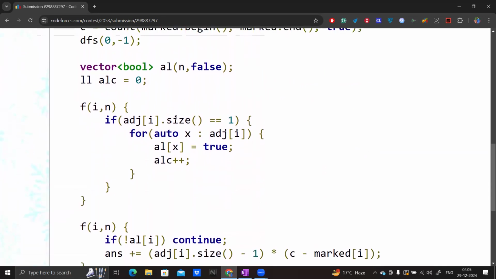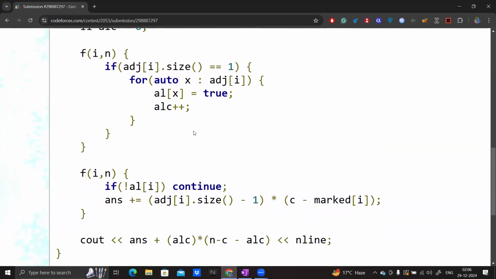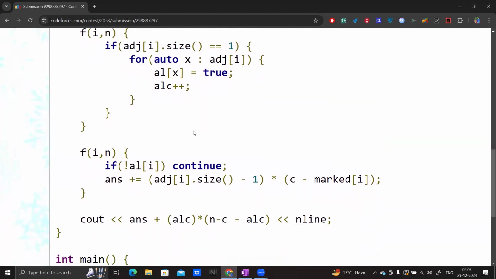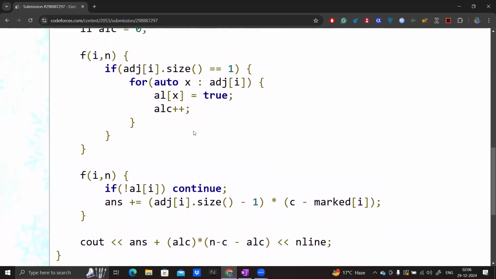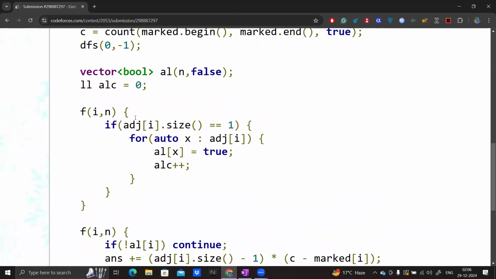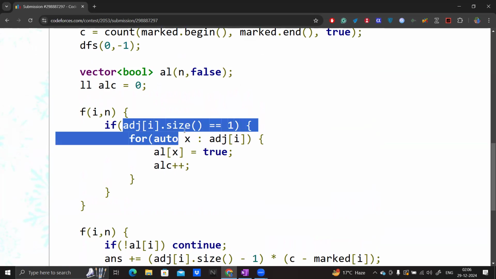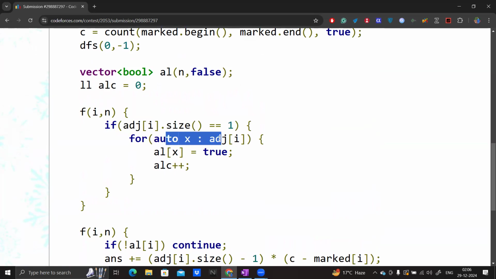So I am initializing this type 2 vector. For all leaves, all of the adjacent elements, actually there will be only one element adjacent to it, which is adjacent of i comma 0. So I am setting that to true, and I'm incrementing the count.